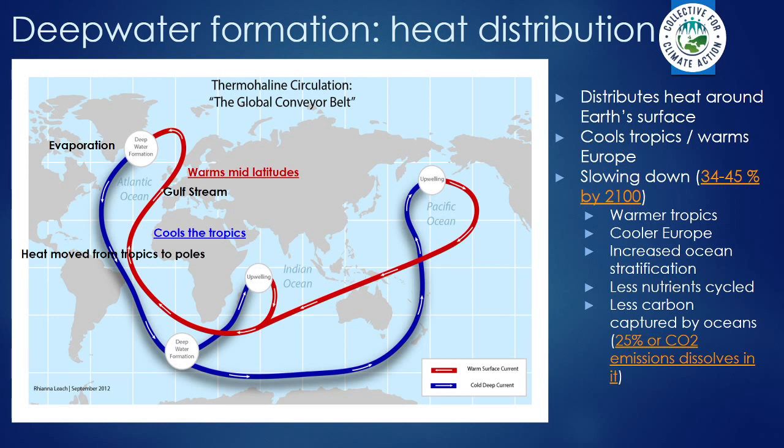And that's really important because it helps keep the temperatures down globally, but it also helps get nutrients to the biodiversity that live in the oceans. And they're also really important at sequestering carbon dioxide out of the atmosphere. It also brings carbon dioxide rich water from the surface, where CO2 is dissolved from the atmosphere into the oceans, and takes it down to the bottom of the ocean.